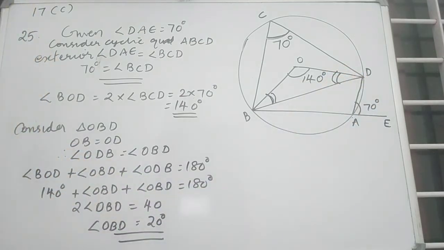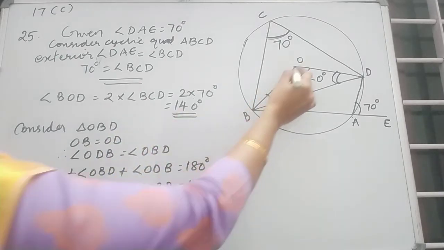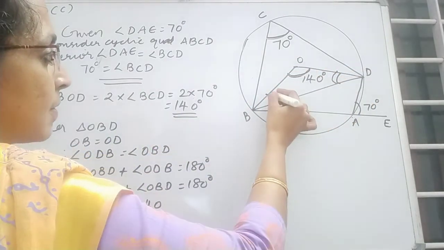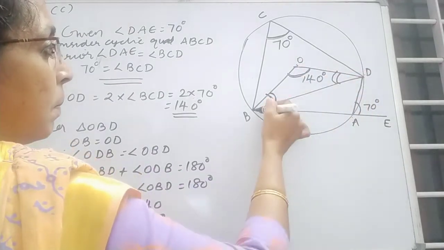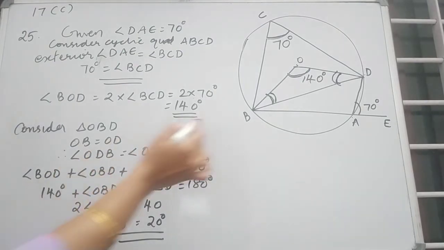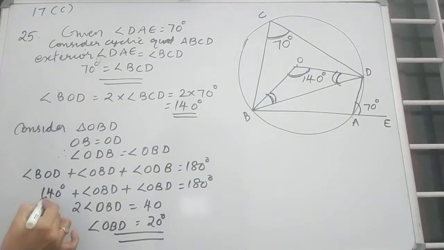So, the sum of angles of a triangle is equal to 180 degrees. So we can write angle BOD plus OBD plus ODB is 180 degrees. BOD we know, we can replace it as 140 degrees.